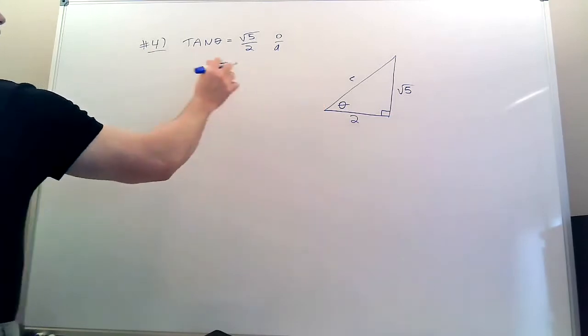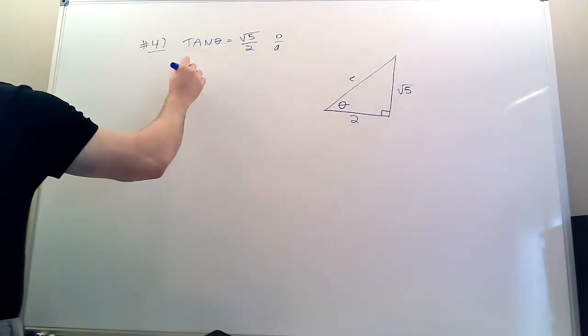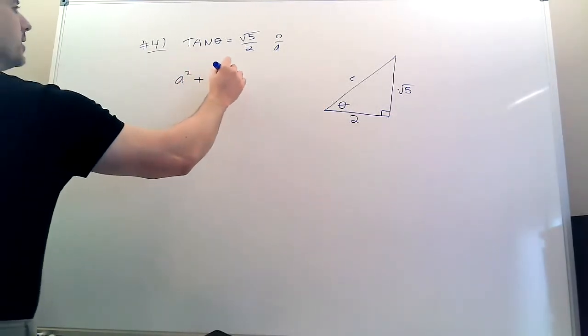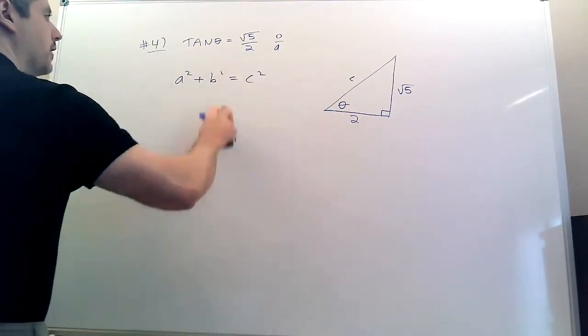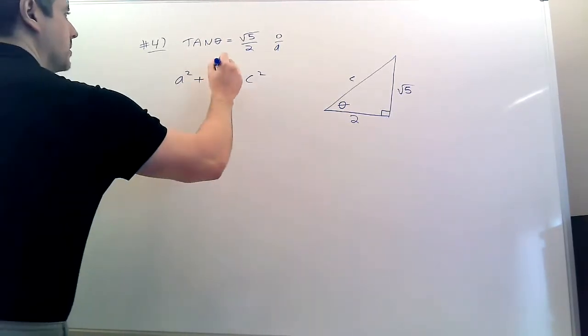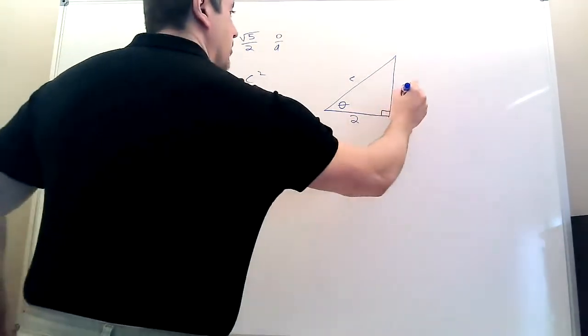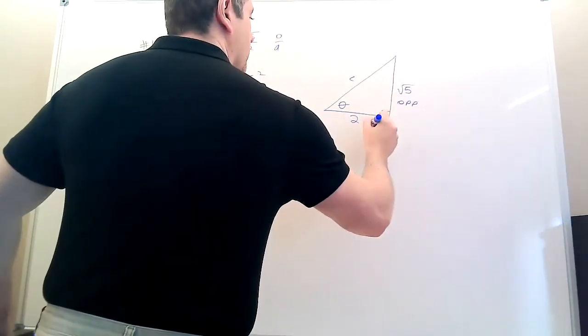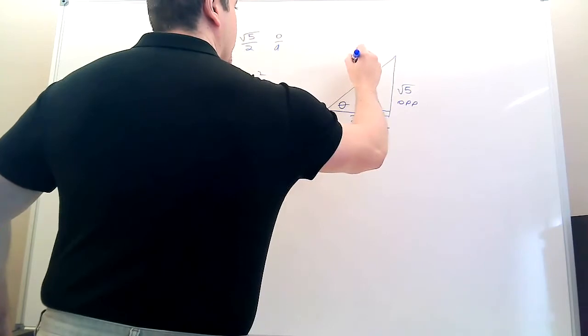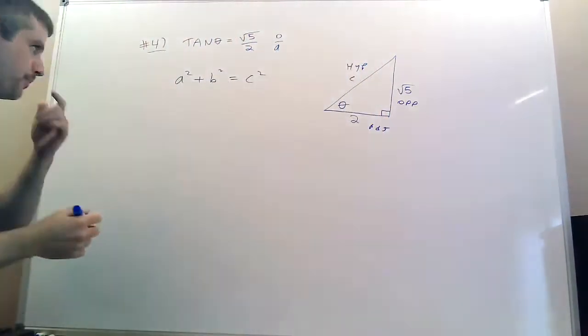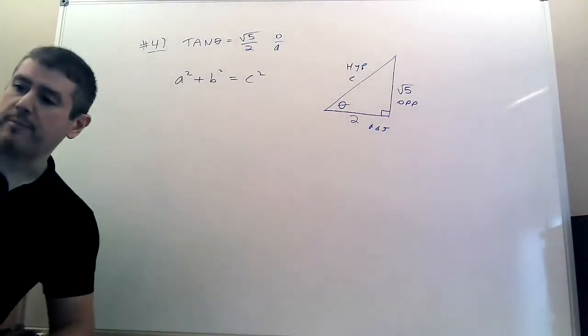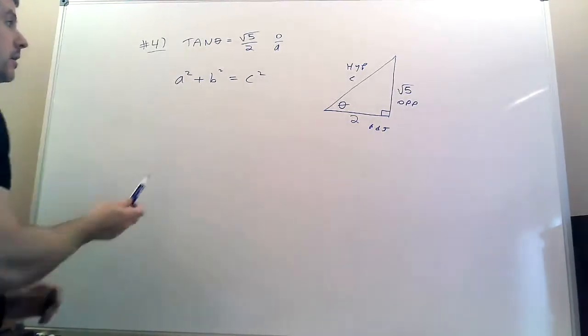So drawing a triangle and finding the side, you've got to use the Pythagorean theorem. A squared plus B squared equals C squared. Be careful you don't do something silly like I just did. This is what I get for not being really careful. Should have written that. So the first step is to find the missing side.